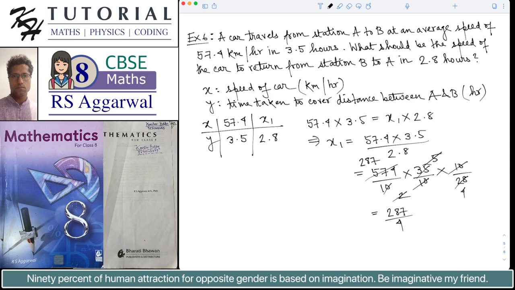Remember, the values of x are in kilometer per hour. So this is kilometer per hour.